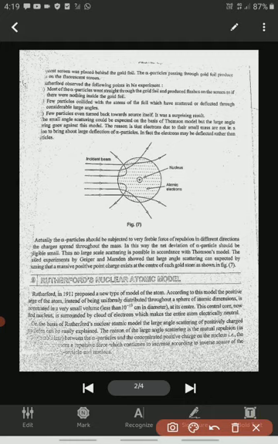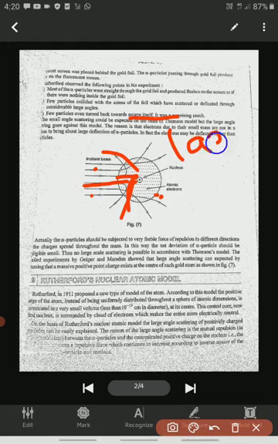The next one: a few particles collide with the atoms of the gold foil and are scattered or deflected through a large angle.